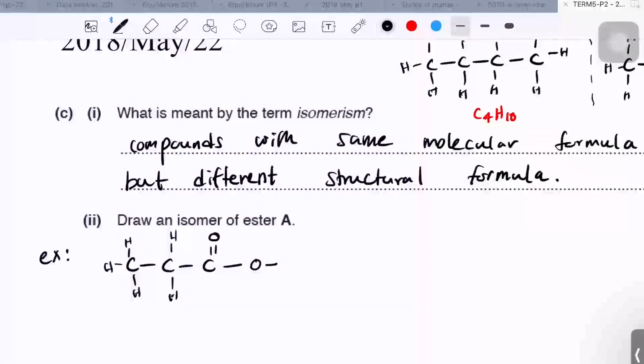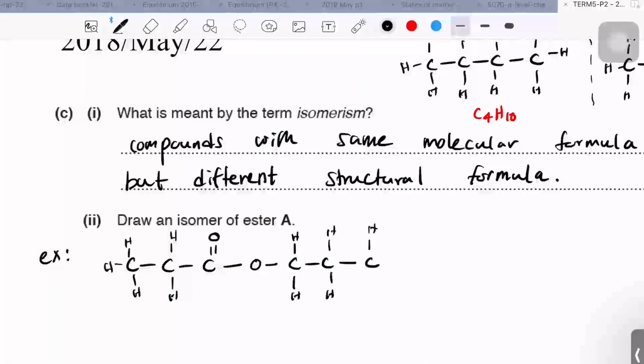Now I have a maximum of 6 carbons only. So if I use 3 carbons on the carboxylic side, I have only 3 carbons to be used on the alcohol side. So this is an isomer of A.